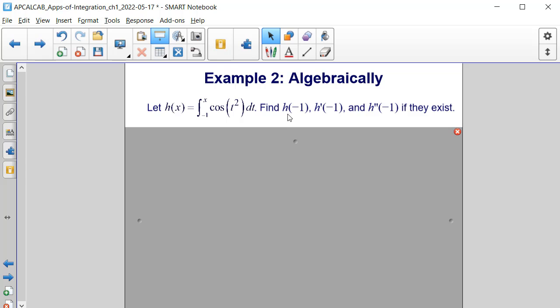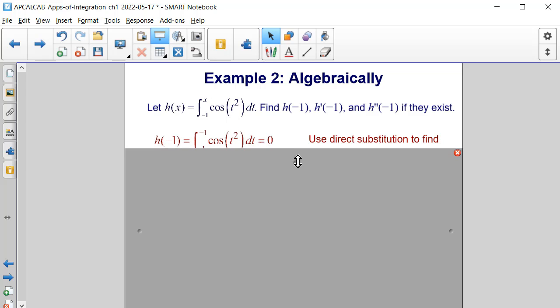Let's get started. In order to determine h of -1, we have to actually substitute -1 directly in for x in our definite integral that we have here. And when doing so, we will have the integral from -1 to -1 of cosine of t squared dt.